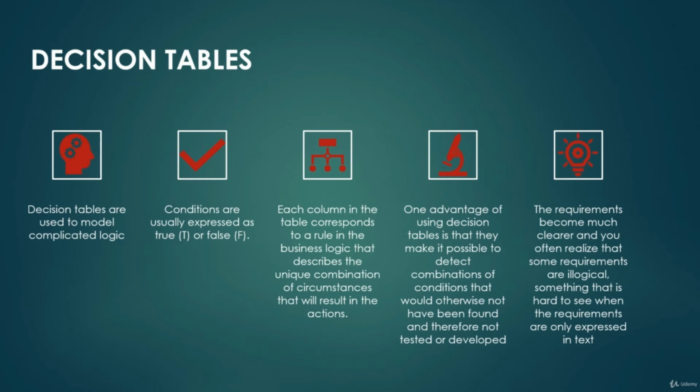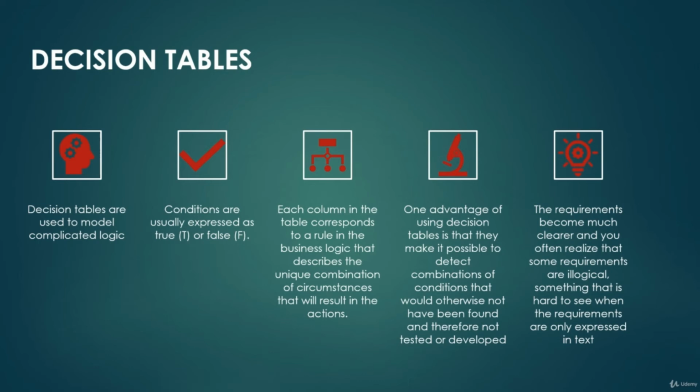One of the advantages of decision tables is that they make it possible to detect combinations of conditions that would otherwise be very hard to figure out, because this is really hard to do manually in your head. And of course, there's generally some optimal combination of items that players should strive for.